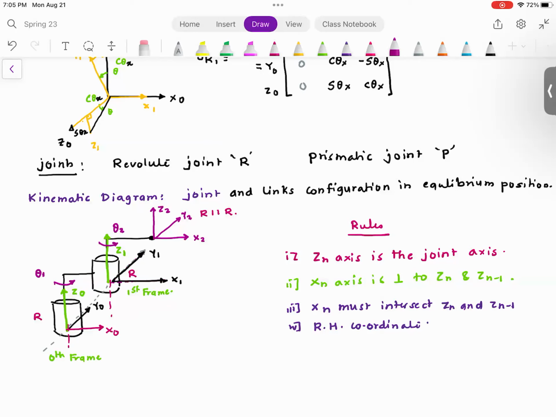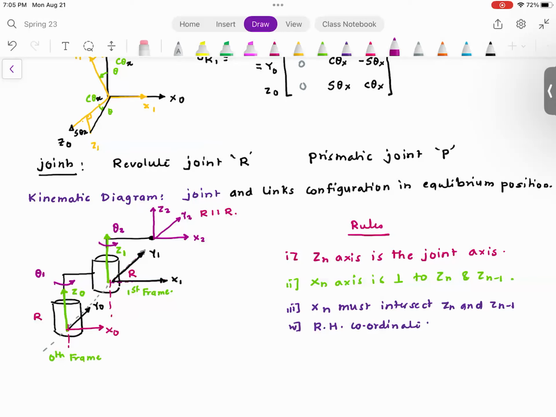So in this particular case, I have a two motor robot. I have a motor here, I have a motor here, and this motor is parallel to the first motor, and there are links. So I have drawn something called the kinematic diagram.